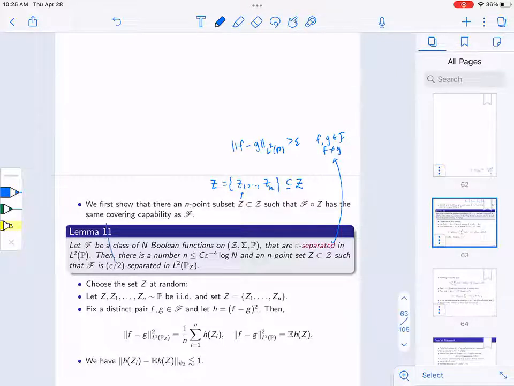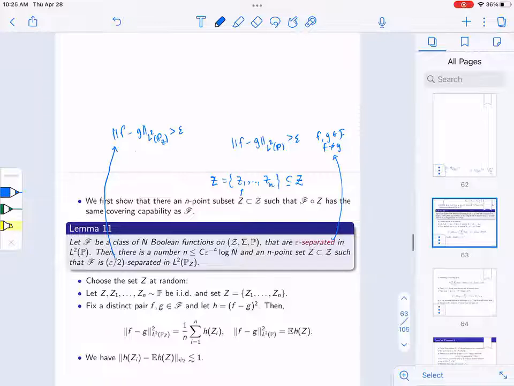And this one means the L2(P_Z) norm of f minus g is bigger than epsilon over 2, again if f and g are in F and f is not equal to g. So if I have an epsilon separated set, then I can have an epsilon over 2 separated set in that.